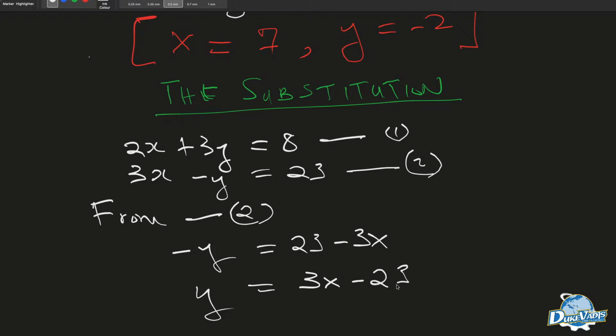We can call this equation 3. Bear in mind that we derived this equation 3 from equation 2. So therefore, we cannot substitute this back into equation 2, as it will cancel itself.